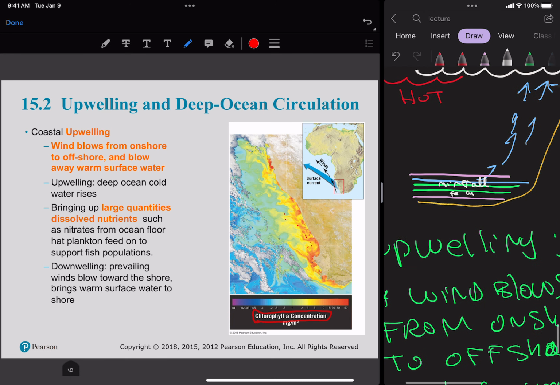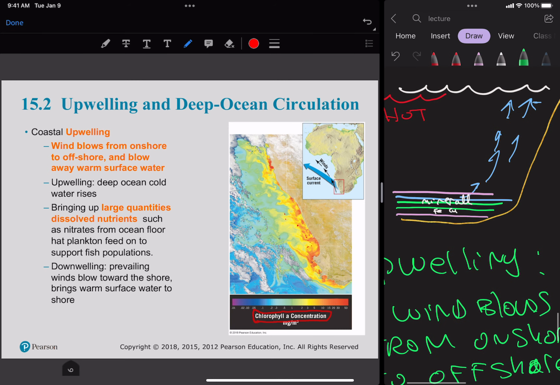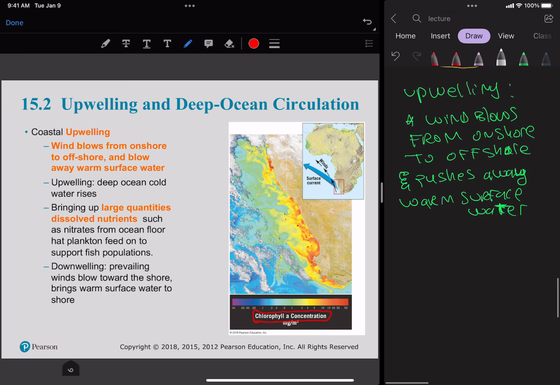And when upwelling occurs, you don't just have cold water that is pulled upwards from the bottom of the ocean, but those same minerals like the iron and nitrogen and copper and whatever else, all those minerals get drawn up as well. So upwelling is full of nutrients.